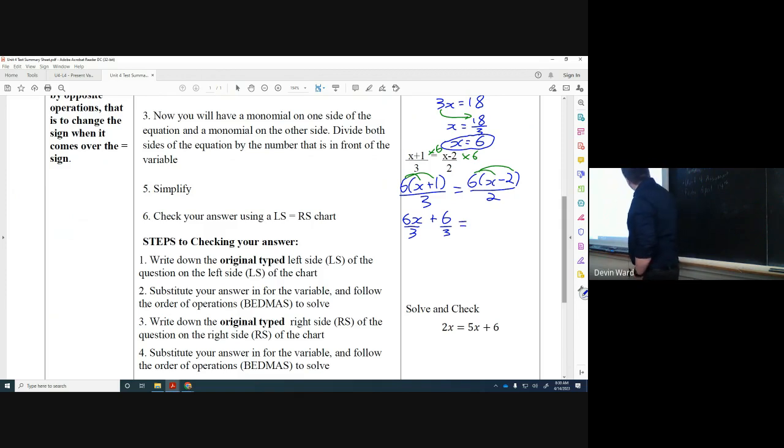So then I'll have 6x again. And then 6 times negative 2 would be negative 12 over 2. And this one's also over 2.